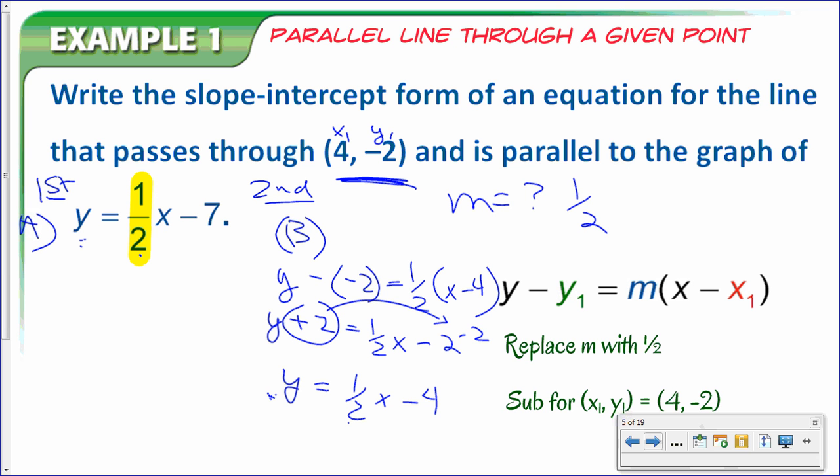So we'll have one at 1, 2, 3, 4. And then I go up 1, right 2. And then I have one going through where? First one goes through what? So negative 4, negative 5, and then 6, and then 7. And then the same slope.